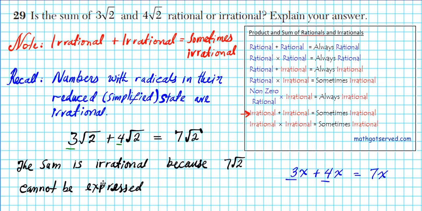Or ratio of two integers. So 7 root 2 cannot be expressed as the ratio of two integers. It's impossible. Okay? So that's basically what makes it irrational, because it cannot be expressed as a ratio of two integers. So there's the answer and an explanation as to why we arrived at our conclusion.